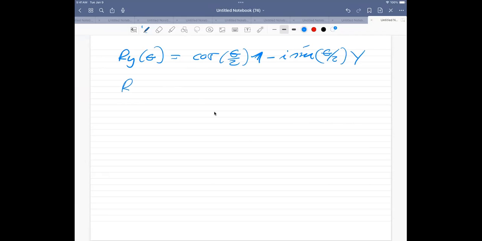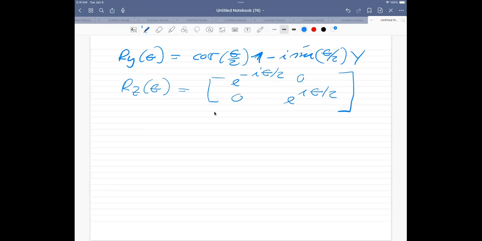And the rotation around the z-axis, since these are 2 by 2 matrices, we can also choose to write as a matrix. If you do that, this would simply be given by e to the minus i theta half, 0, 0, e to the i theta half. So that's the rotation around the z-axis.